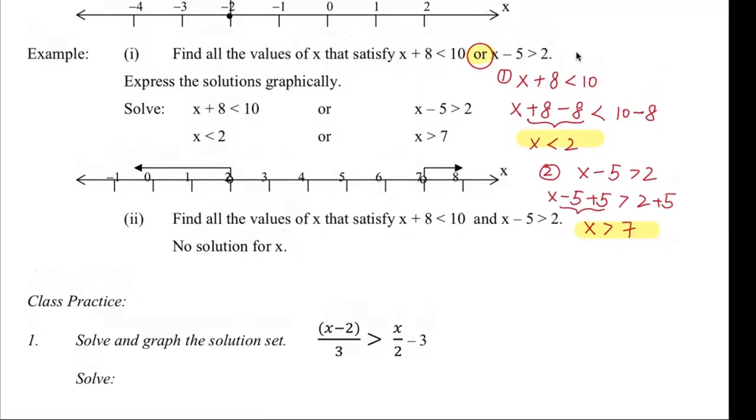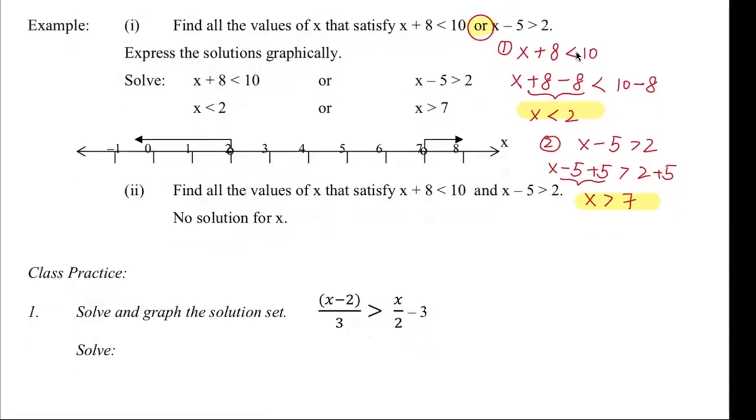So if we draw the solutions on the real number line, first of all, we need to find the boundary points, right? For the first inequality, we know that it's x smaller than 2. So the first boundary point is 2.